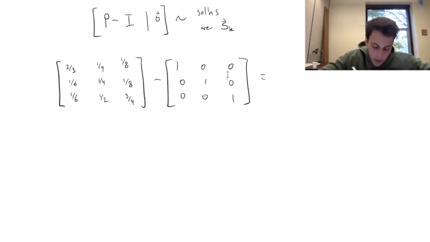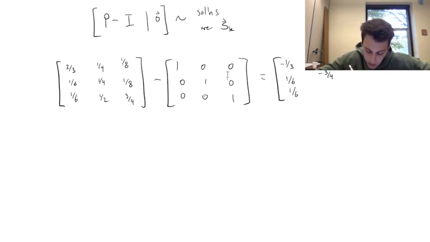This is going to be equal to 2/3 minus 1 is negative 1/3. 1/4 minus 1 is negative 3/4. 3/4 minus 1 is negative 1/4. All other entries will remain the same. Okay.